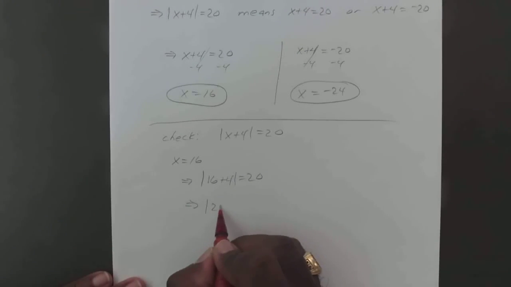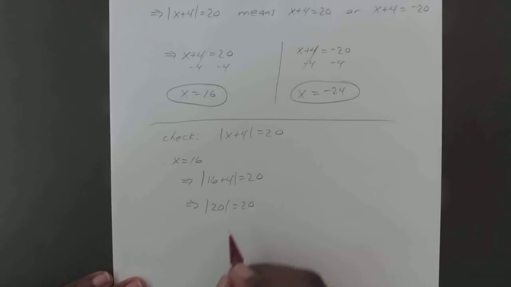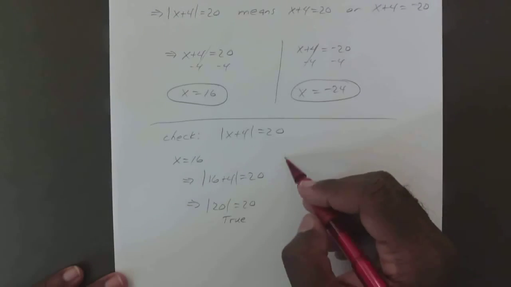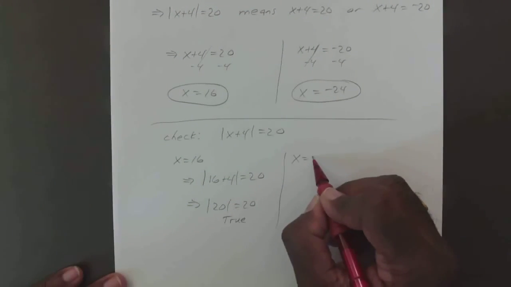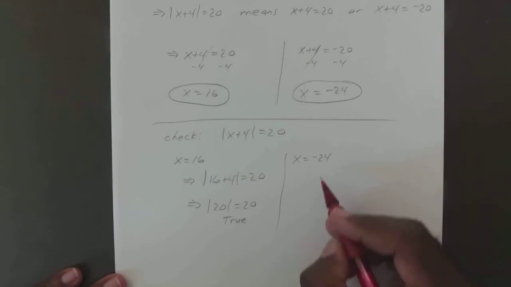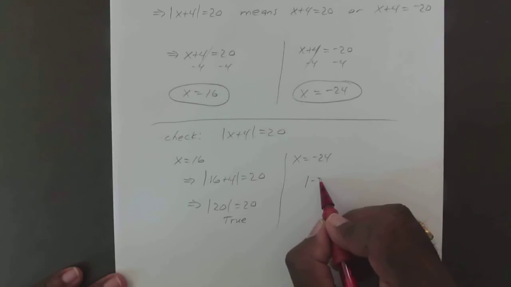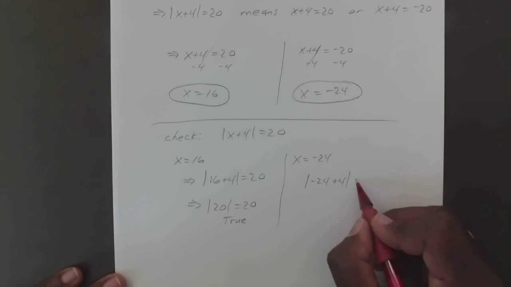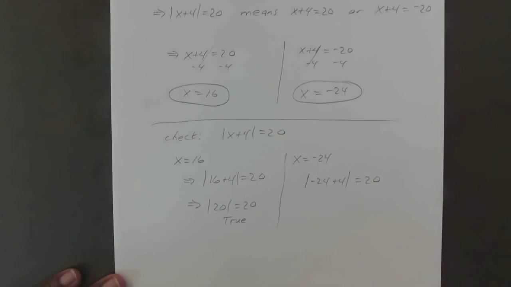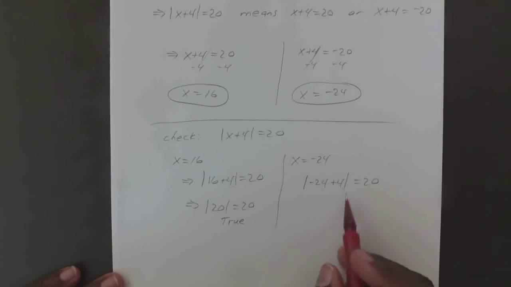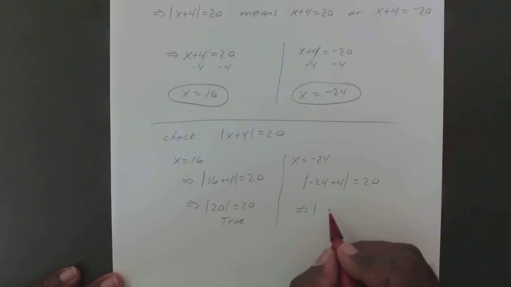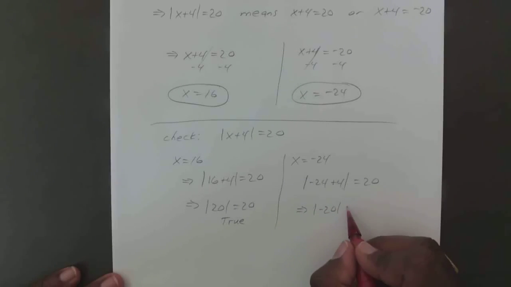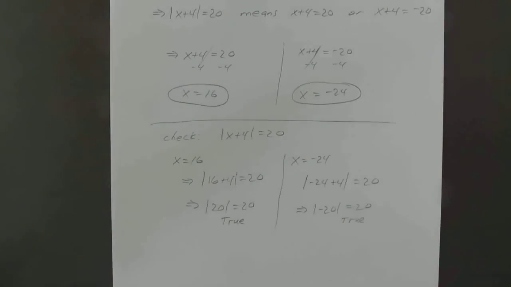So we have an absolute value of 20 equals 20, which is true. Now if we want to check x equals negative 24, the absolute value of negative 24 plus 4 equals 20. Negative 24 plus 4 is negative 20. So the absolute value of negative 20 is 20, which, again, is true.